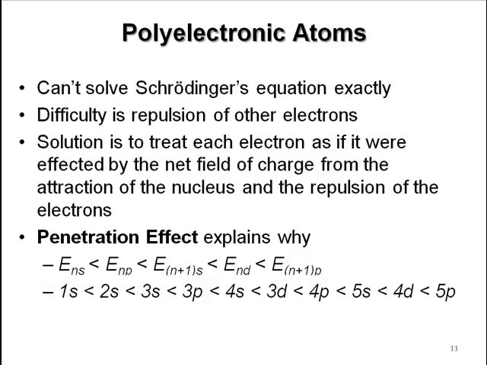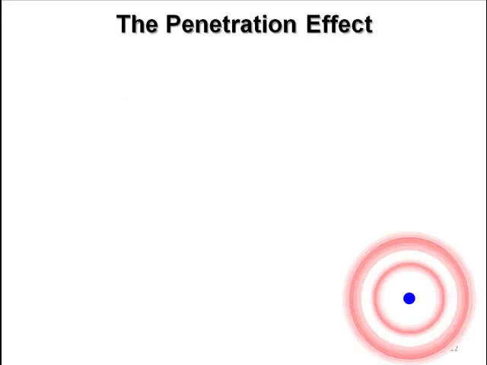And then the energy of the d is greater than the s or the p of the original. Because of this pattern that can be seen, this explains why the energies are different, because of the repulsion of the electrons and the attraction of the nucleus.